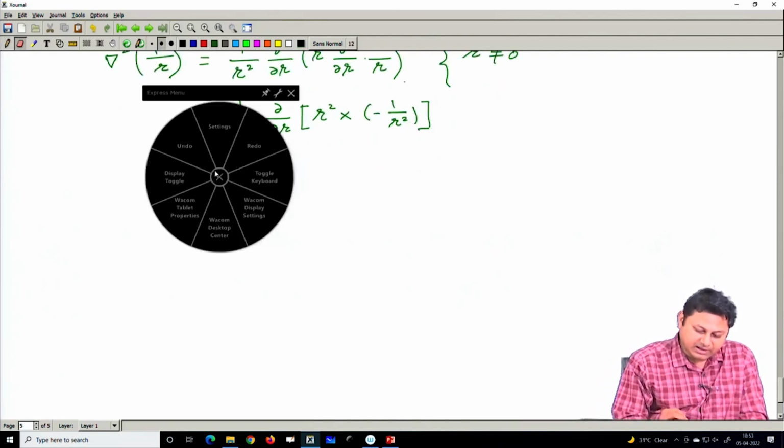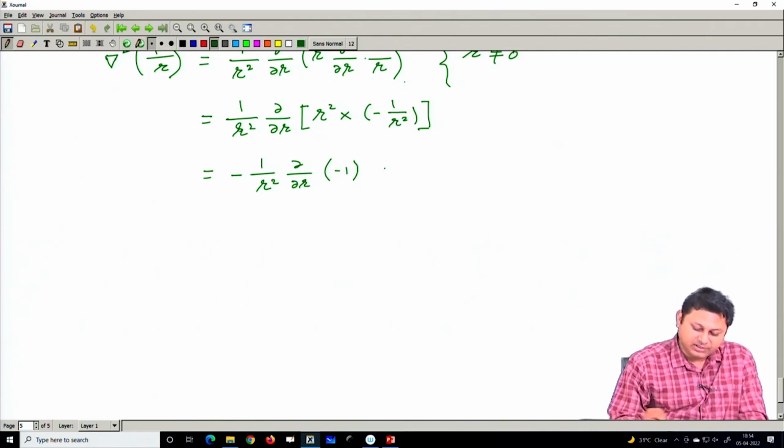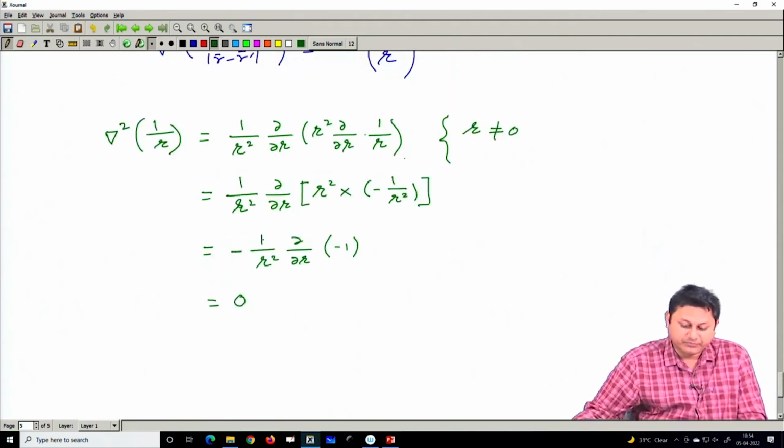So, we have minus 1 by r square del r, and r square cancels, leaving minus 1, which is a constant. So, this simply gives us 0.